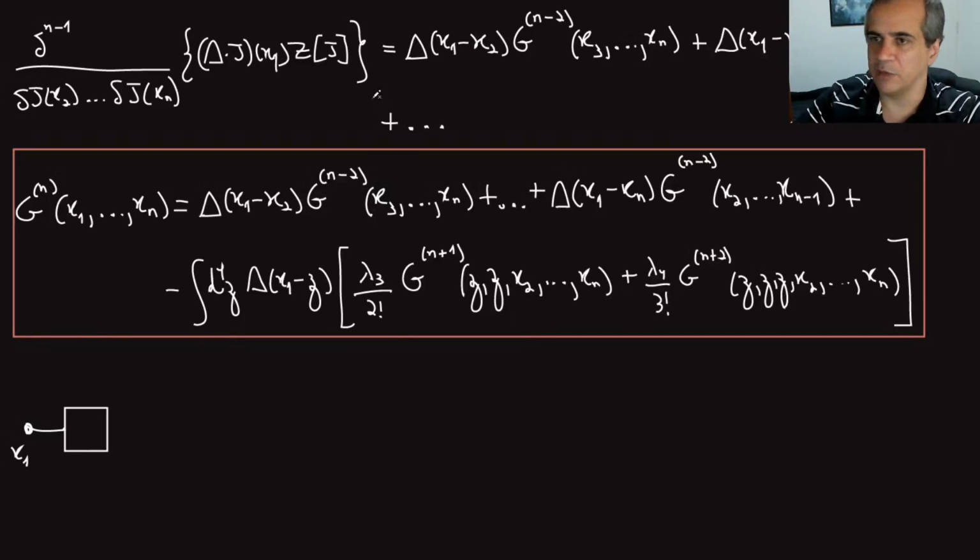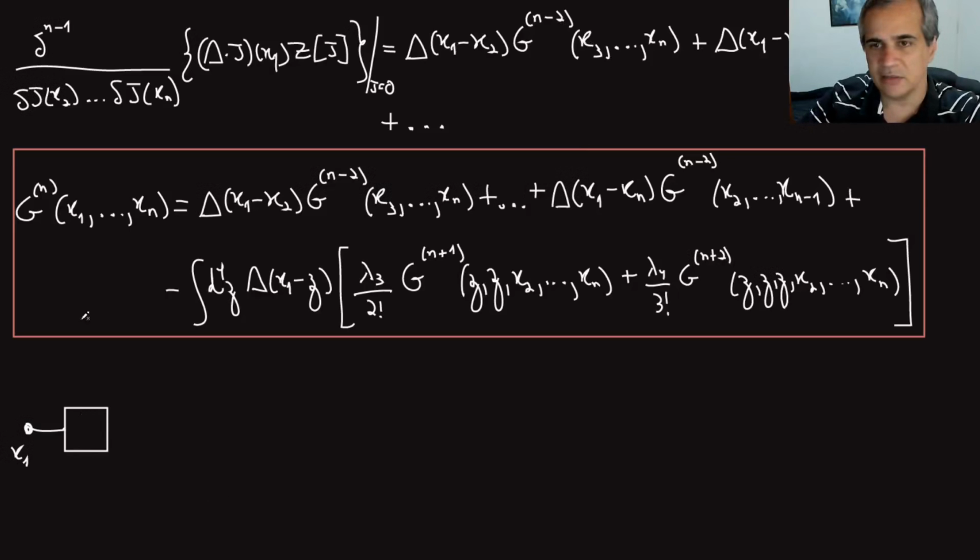In fact, for instance, here I forgot to write, J equals 0 means I don't have, for instance, the term where I have delta J with all the derivatives acting on Z here. I didn't include that here because I'm taking J equals 0 at the end. The same reason the Z is in these Green functions in the absence of sources.